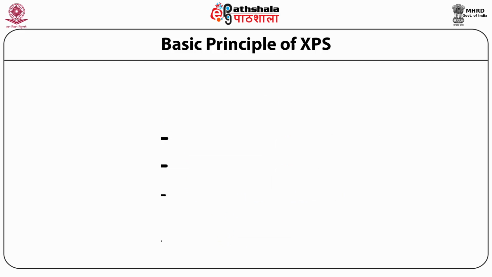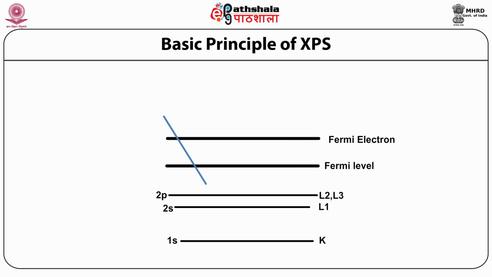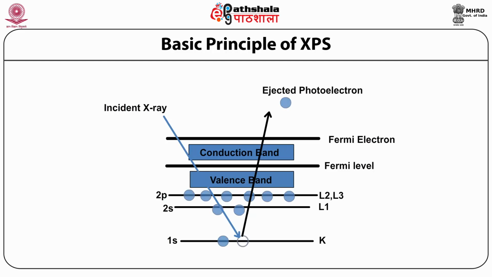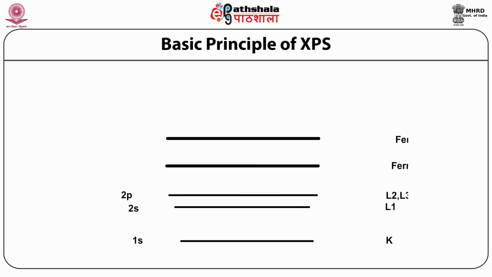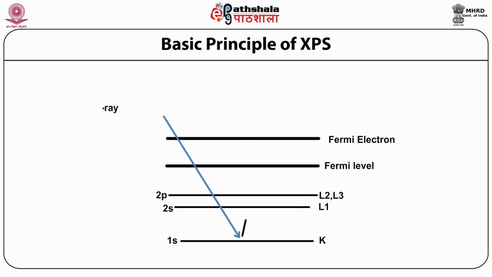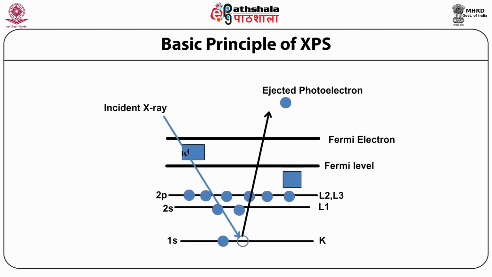The energy of the photoelectrons leaving the sample is determined using a CHA, and this gives a spectrum with a series of photoelectron peaks. The binding energies of the peaks are characteristic of each element.